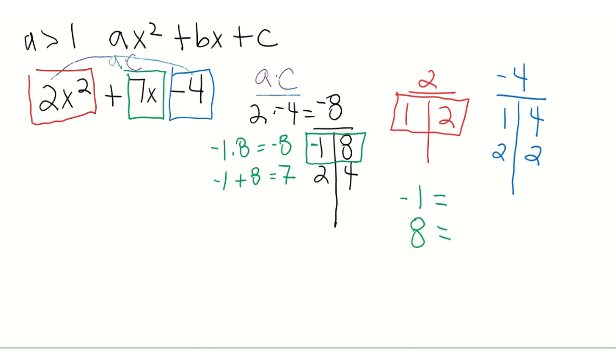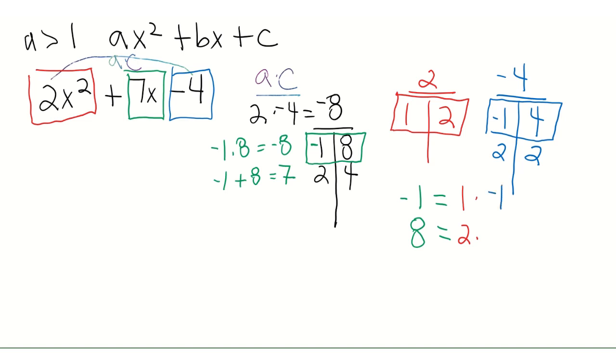So I already know I'm going to have the 1 and the 2. And then I want to look at, from my c, what do I need to multiply by in order to get that minus 1 and that 8? And that tells me I'm going to get the 1 and the 4, and I'm going to put my minus in front of that 1.